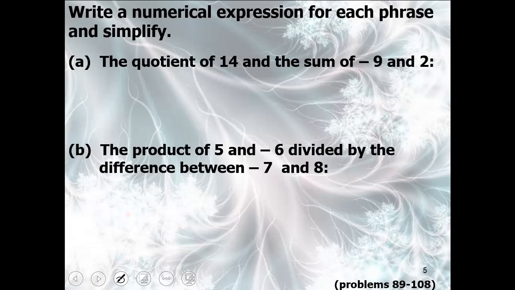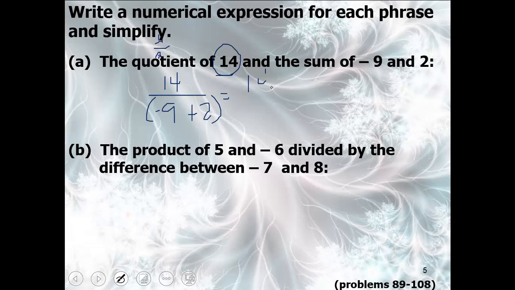All right, welcome back. Quotient. On my chart, quotient says I'm going to be dividing. The quotient of, my first number is my numerator, 14, divided by the sum of negative 9 and 2.